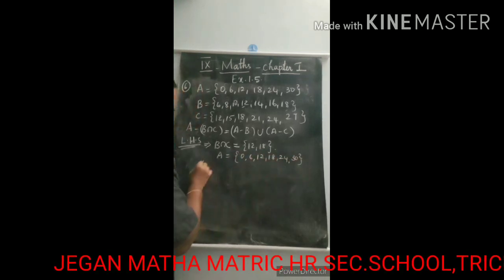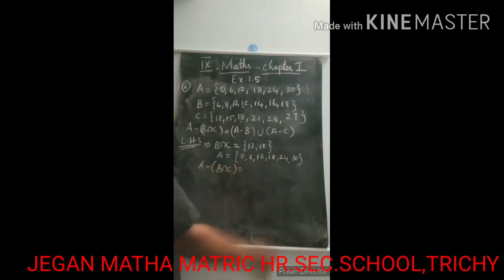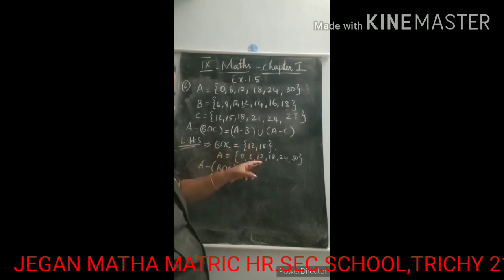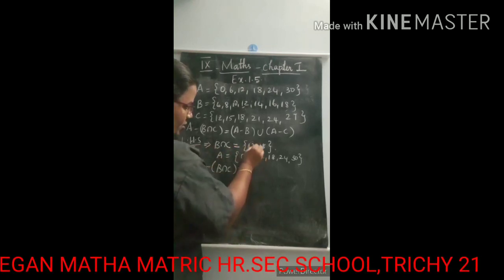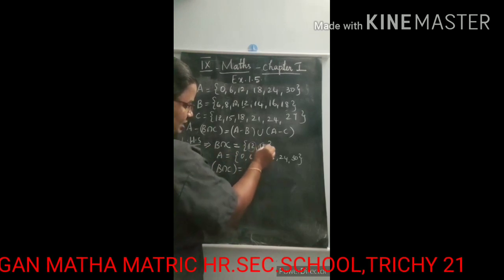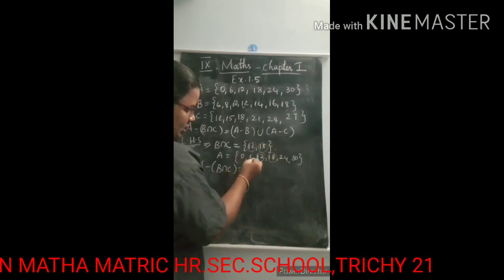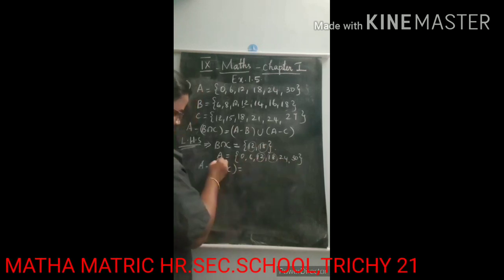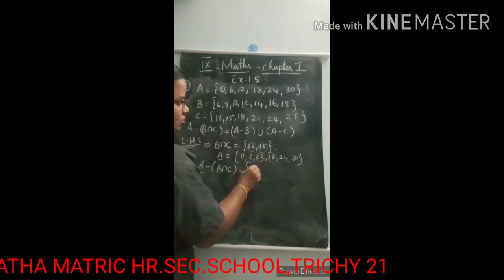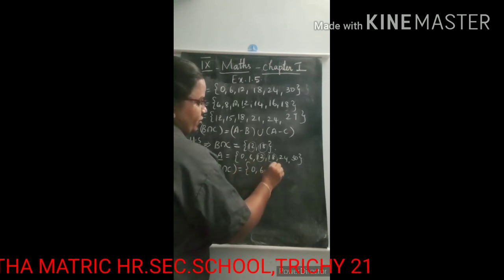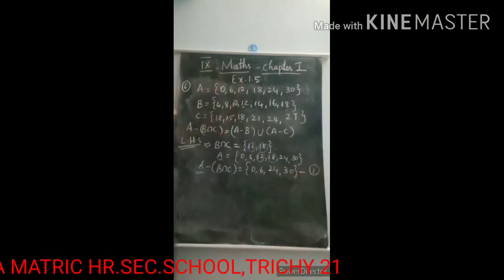So A difference B intersection C: the common elements are 12 and 18, so the remaining terms in A are 0, 6, 24, 30. This is the first one, LHS.